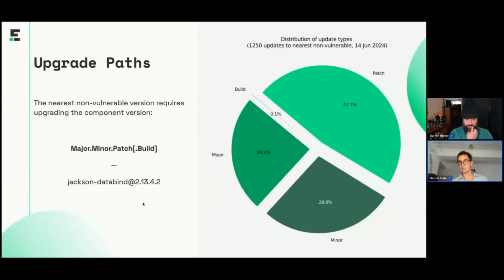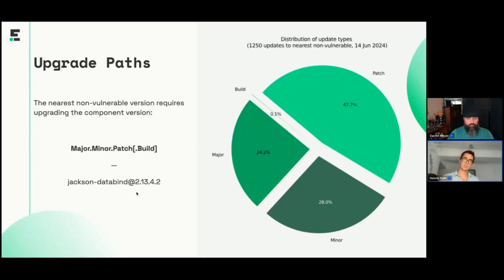As you see here in the case of Jackson Data Bind, major version would be 2, minor version would be 13, and so forth. Depending on which element of the version identifier the developers increase, they basically convey to consumers whether this new version introduces a breaking change or not. If a major version is increased, this clearly indicates a backward incompatible change according to SemVer. If a minor version, a patch, or even a build element changes, this should be backward compatible.